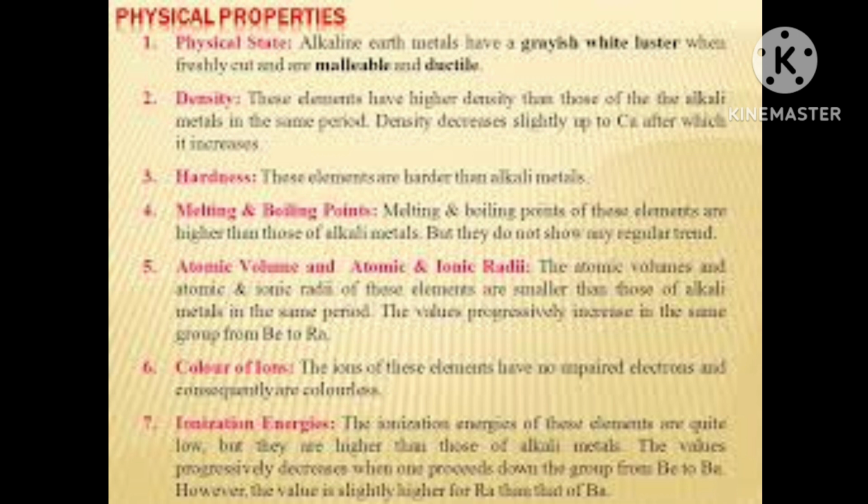Second ionization energy means you are removing the second electron. It is smaller because in the first group they are closer to the nucleus, but in the second group they are far from the nucleus, so obviously it will be smaller.